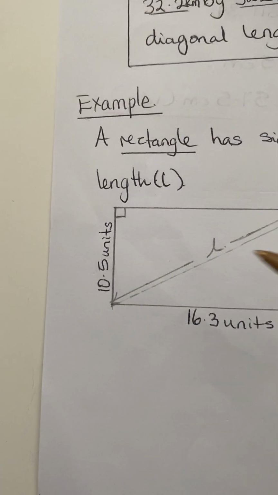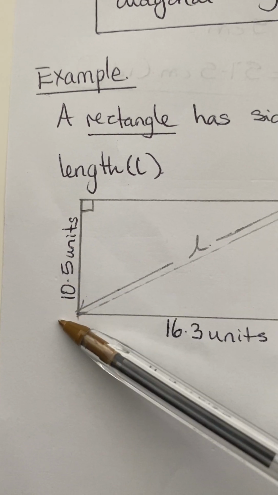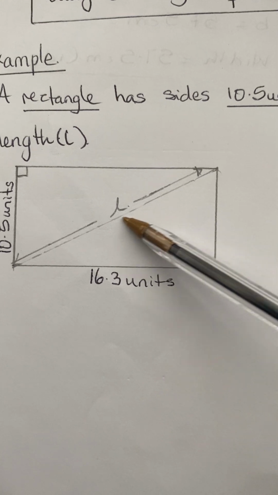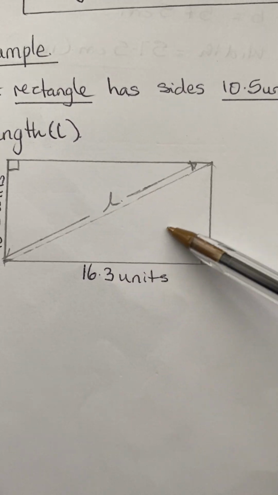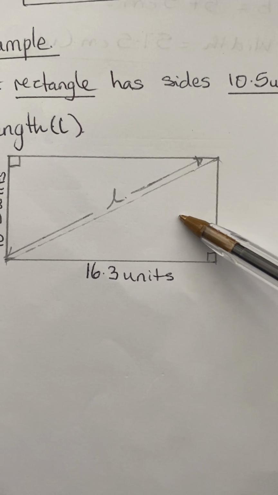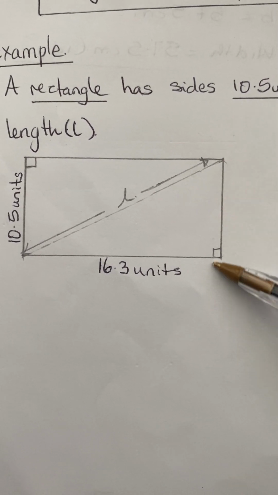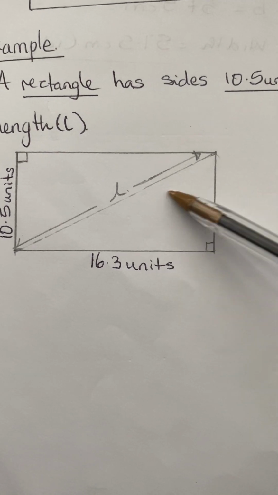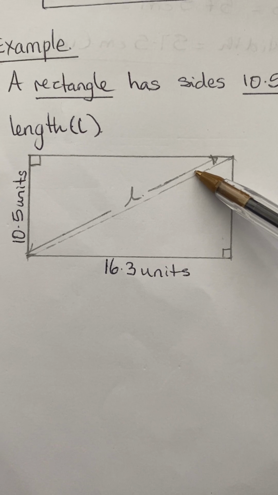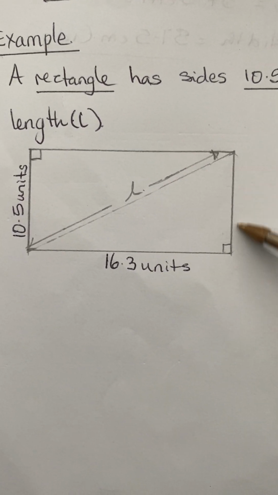I'm going to use this right angle triangle, apply Pythagoras, and find the diagonal length, because I know this side and I know that side.